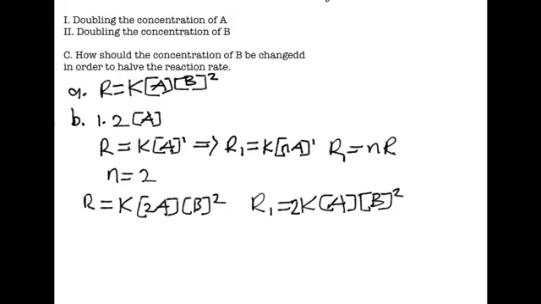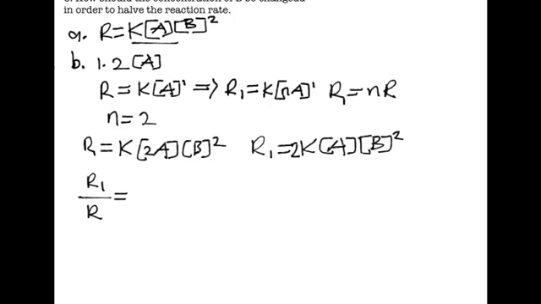Let's divide this R1 by the initial rate which we have written as A. So we will now have R1 divided by R, which will be equal to 2K[A][B] squared, all divided by K[A][B] squared.